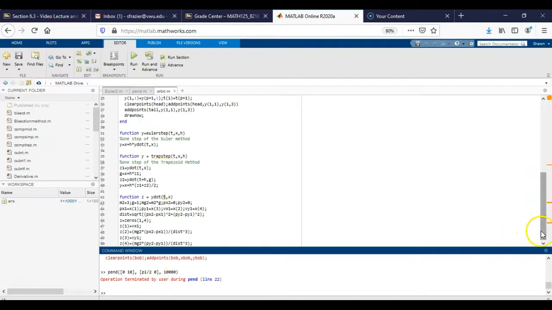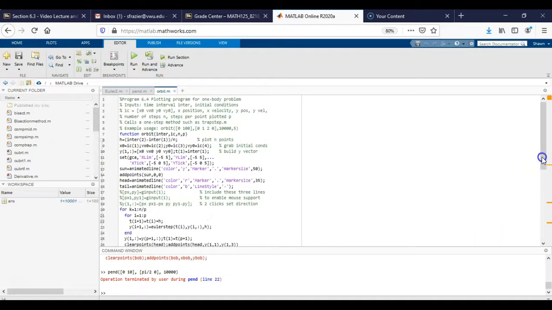I've also, if you want to run this, given you an example of the implementation here. So this function needs a time interval. It needs a vector of initial conditions here, in this order. So this is the initial x position, the initial x velocity, the initial y position, and the initial y velocity.